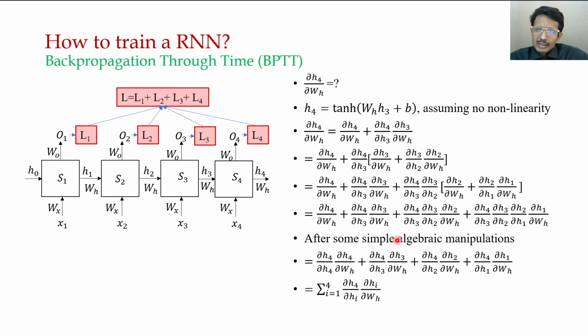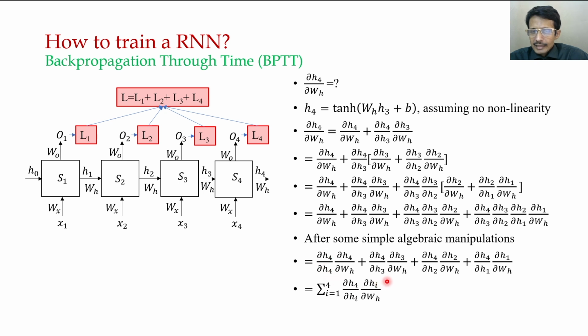If you do some simple algebraic manipulation, we can find that del H4 by del WH is del H4 by del WH plus del H4 by del H3 times del H3 by del WH, and so on.